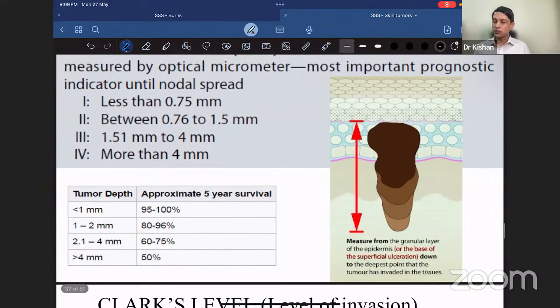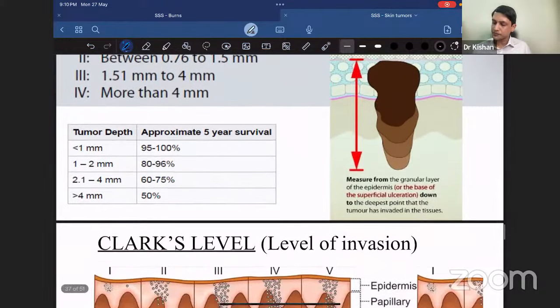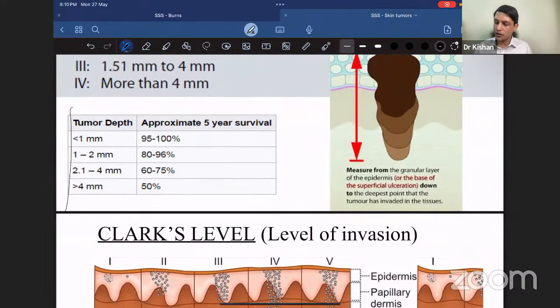If it's less than 0.75 mm, level 1; 0.76 to 1.5 mm, level 2; 1.5 mm to 4 mm, level 3; more than 4 mm, level 4. That's to know the prognosis of the case.